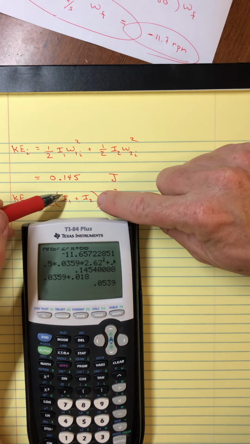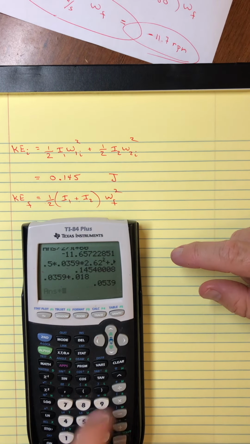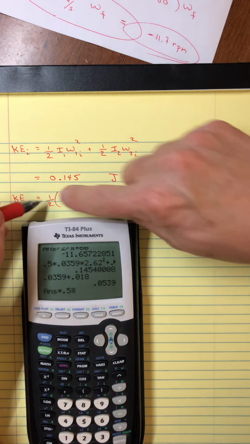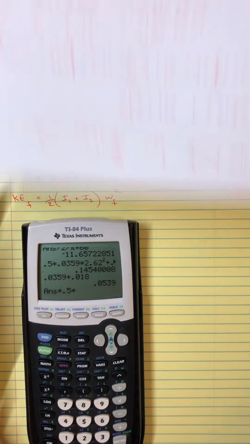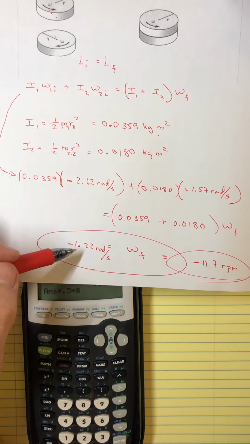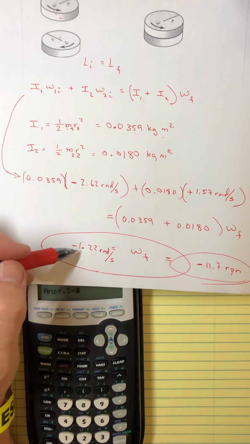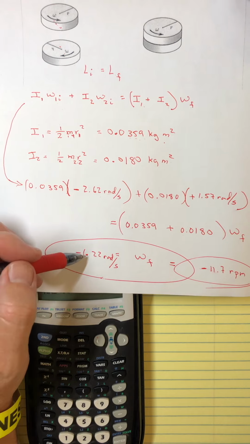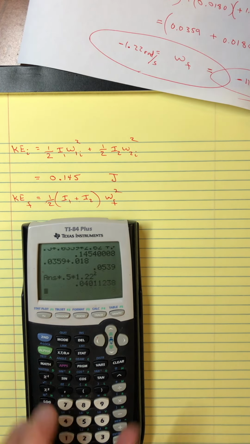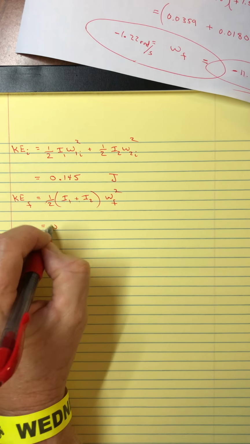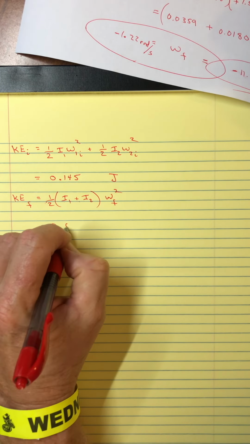So that's this term, the moment of inertia of the two together. Let me multiply it by the 1/2, and then let me multiply by the final speed, which we said is a negative, and I won't worry about the negative since I'm going to square it, it'll go away. 1.22. So 1.22 squared. And it looks like afterwards I've got something quite a bit less.